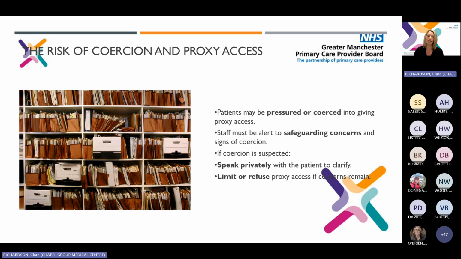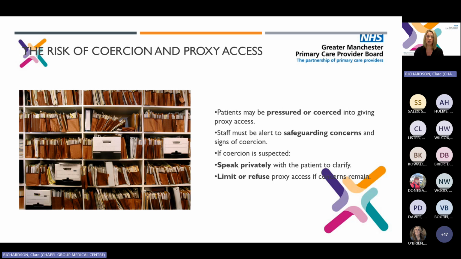When I read the history, there had been a lot of access by the daughter trying to order medication, and it looked like there was a conversation to say that proxy was needed. I then had a conversation with the patient to say that I wasn't happy.